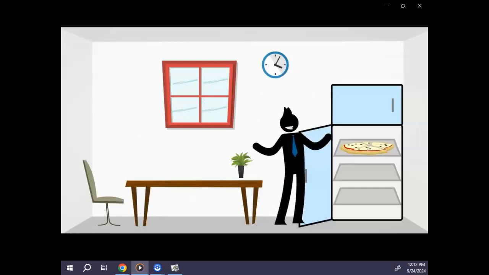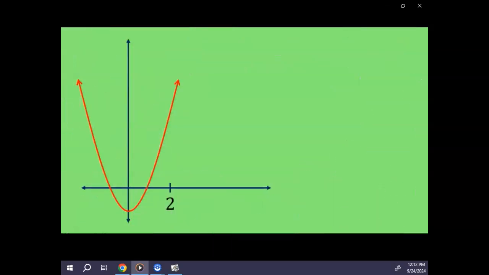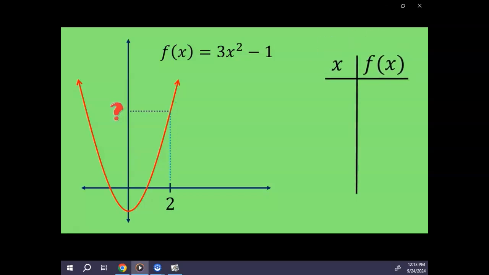This example is the same thing we want to do with functions. When we take the limit of a function, we are describing where they are going. Let's see an example of this with the function 3x squared minus 1. For this function, I'm really curious what value the function is approaching as I use x values close to the number 2. Let's see this by using some inputs like 1.9, 1.99, and 1.999.